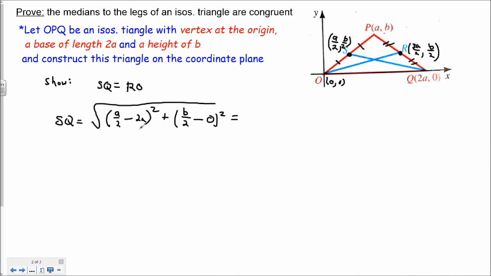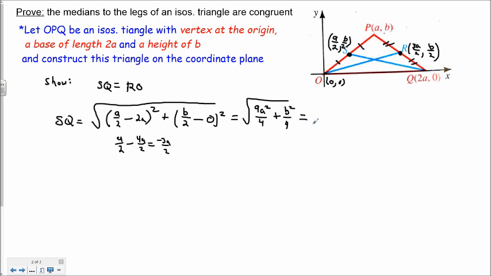Okay. Now, in order to combine these two values, I'd need a common denominator, so I'm going to do some scrap work underneath. I have A over 2 minus 4A over 2, which would give me negative 3A over 2. And that whole value in these parentheses is squared. When I square negative 3A over 2, I get 9A squared over 4, plus B over 2 minus 0, which is B over 2, and when I square that, I get B squared over 4.